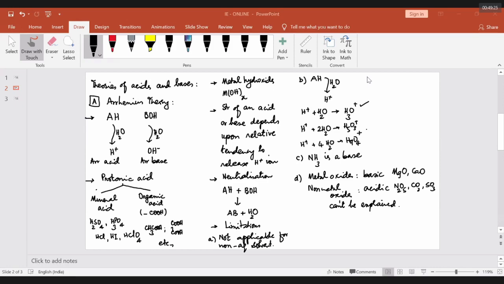H3O plus is called hydronium ion. Hydronium. The other two do not have names. They are called hydrated H plus, proton.